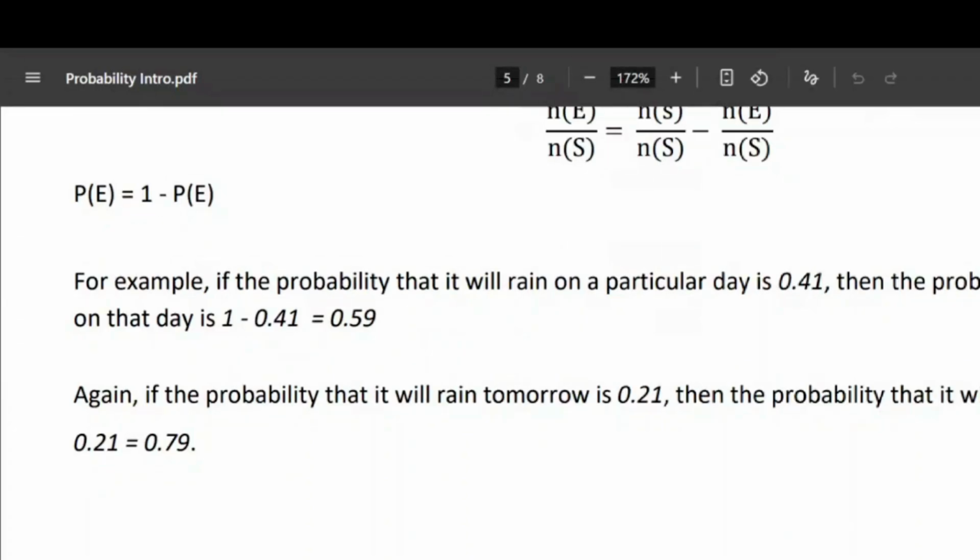You are told that the probability that it will rain on a particular day is 0.41, and you are now being asked to find the probability that it will not rain. And that should be what? 1, because we know that if we add the probability that it will rain to the probability that it will not rain, the answer is 1. So to get the probability that it will not rain, we just subtract 0.41 from 1, and we have that.